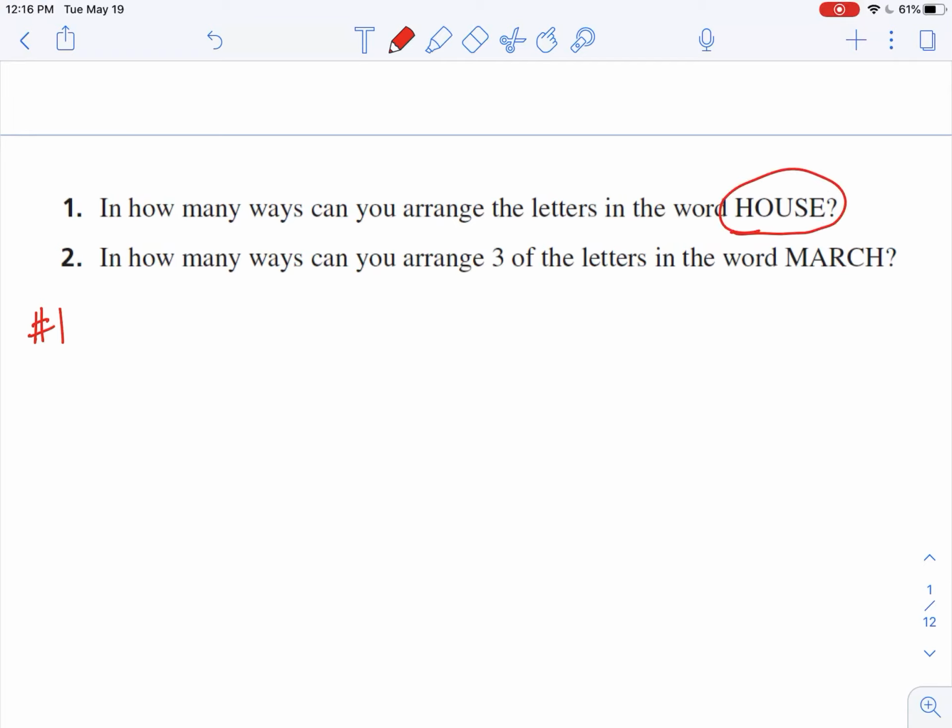How many different ways can we arrange that? Well, we have 5 letters to choose from in the first spot, 4 letters to choose from in the second, and so on. So 3 times 2 times 1, and so 5 times 4 being 20, times 3 being 60, times 2 being 120.